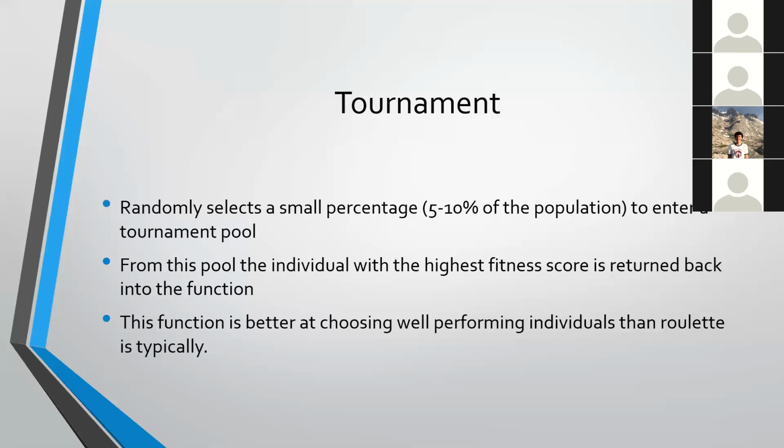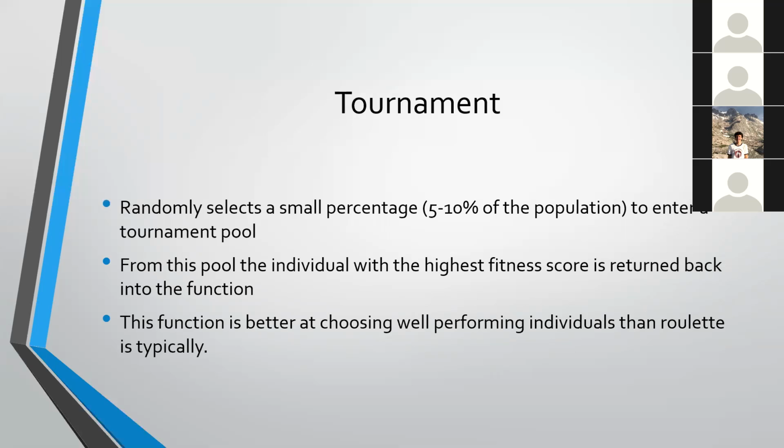Like I said before, this method is a lot better at making sure you're getting good individuals than roulette is. With roulette, there's always the probability that the worst one gets chosen. But in this one, there's no way that the worst one gets chosen. Say you're in a population of 100 with a 7% tournament pool, and you get the 7 worst individuals that you could have gotten in that pool.